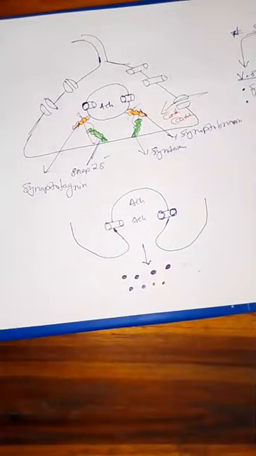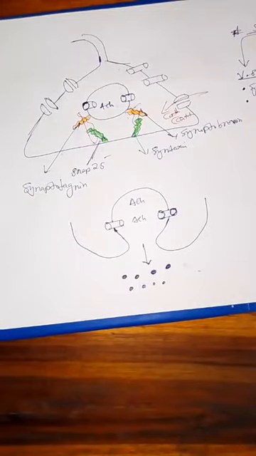Now, what will be the action? We are back to the events of the neuromuscular transmission. What will be the action of the acetylcholine? After entering the synaptic cleft, the acetylcholine molecules will bind to the receptors we call the nicotinic receptors.